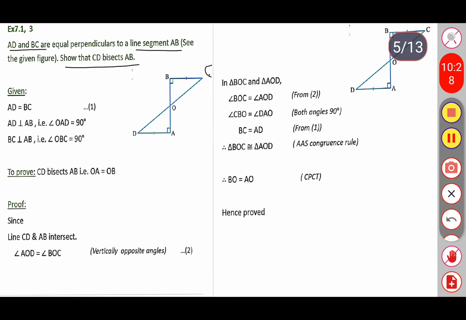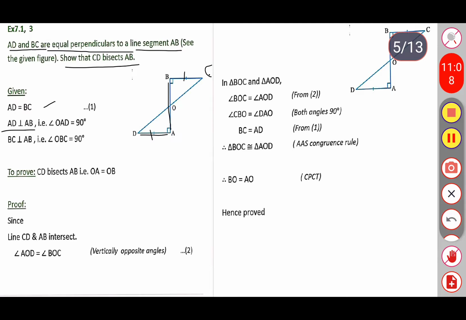Okay. First write the given data. What are the given data here? AD is equal to BC. AD and BC are equal perpendiculars. It is already given in the question. Next one, AD is perpendicular to AB, that is angle OAD is 90 degrees.